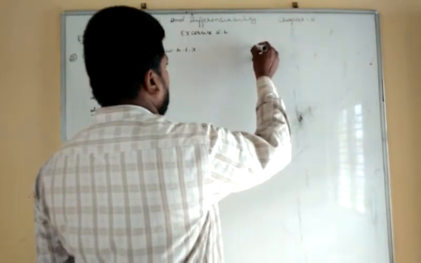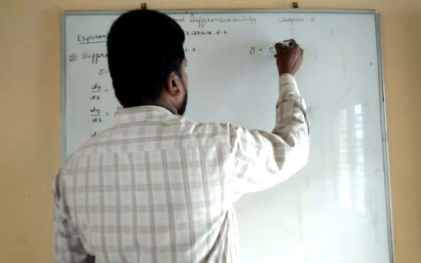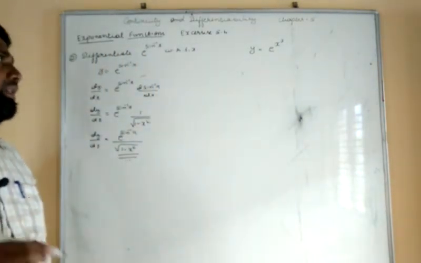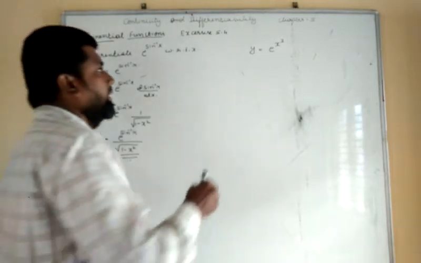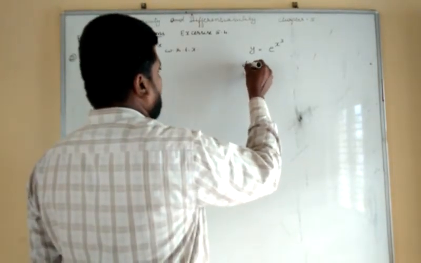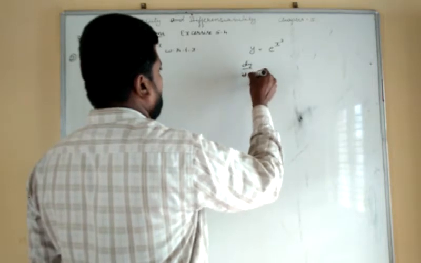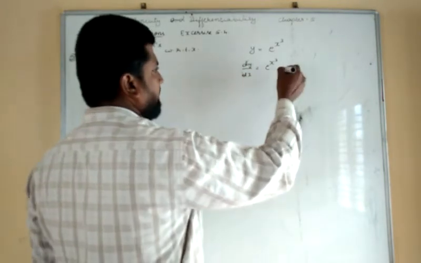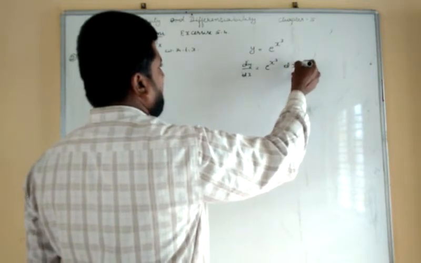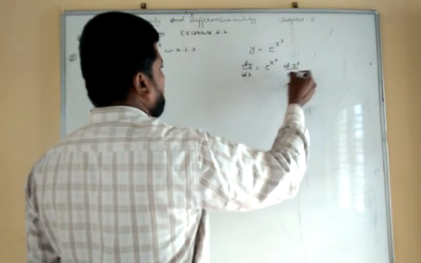So next problem is y is equal to e to the power of x cube. You can go through the substitution method, or you can solve this directly. Okay. So chain rule, dy by dx is equal to e to the power of x differentiation is e to the power of x, in the place of x, x cube is there. Again differentiation of x cube.